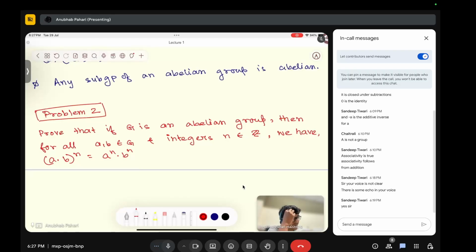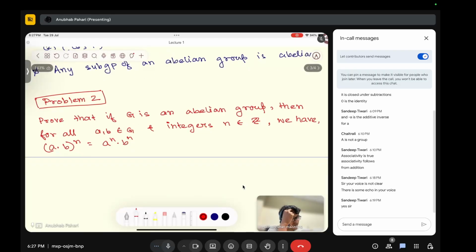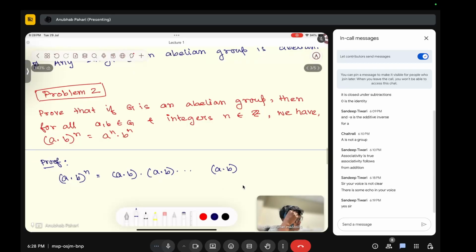I think there is nothing serious here. I will just write it down. So (ab) to the power n should be a dot b dot a dot b dot a dot b, up to n times, right?